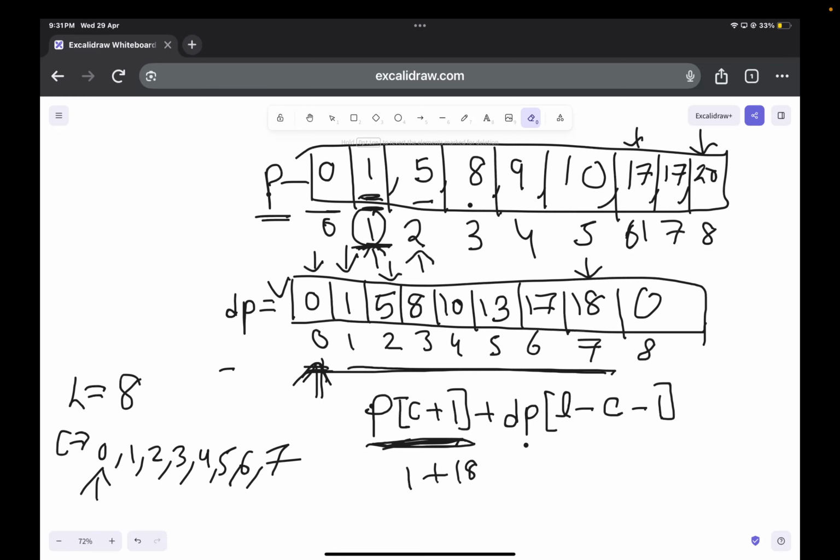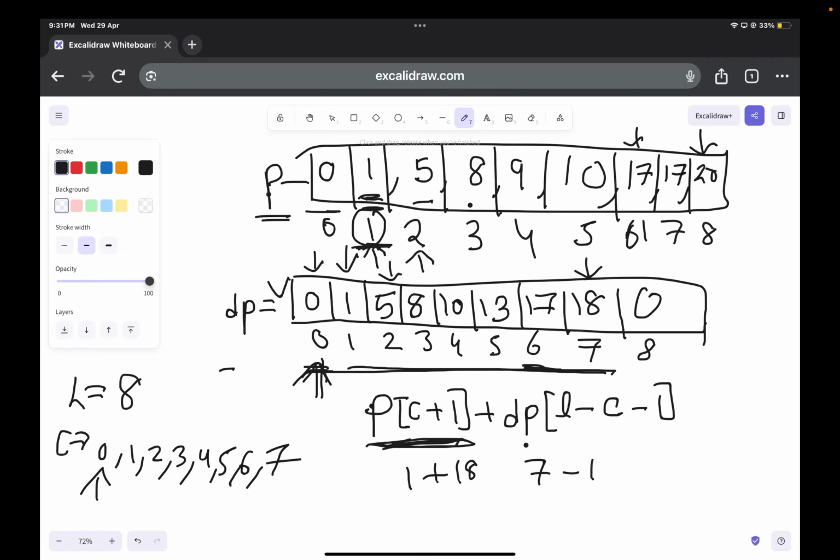Length is 7, let's say. So 7 minus dp of 7, right? 7 minus 1 you are saying, so 6, 17 plus 1, right?